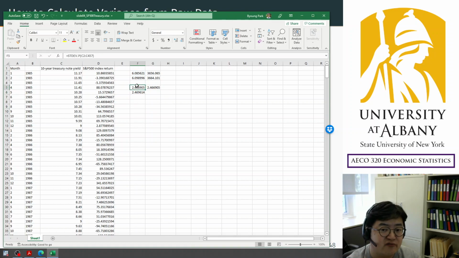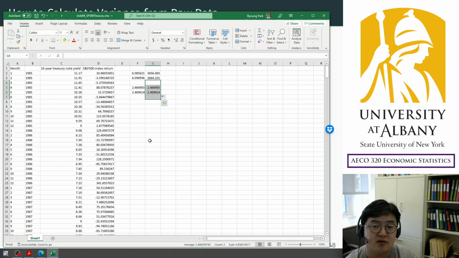So the standard deviation is, as it should be, the same as the square root of the variance. Sample standard deviation is the square root of sample variance, and population standard deviation is the square root of population variance. So there is nothing surprising.